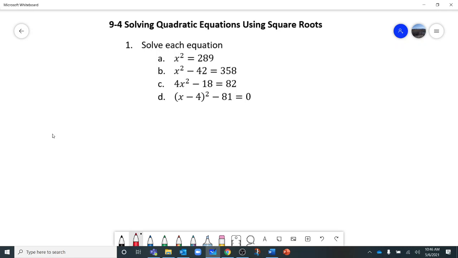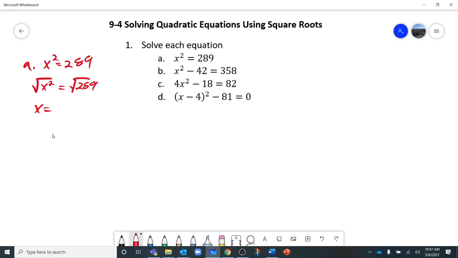All right, solving quadratic equations using square roots, which is why we did the work with the square roots before. These aren't terribly complicated. Using a calculator is recommended. So for A, we have x squared equals 289. If we take the square root of both sides, then we get x equals, I believe that's 17.